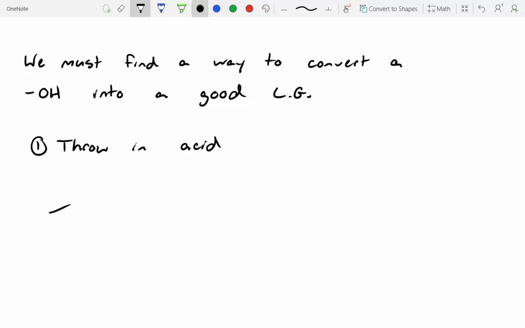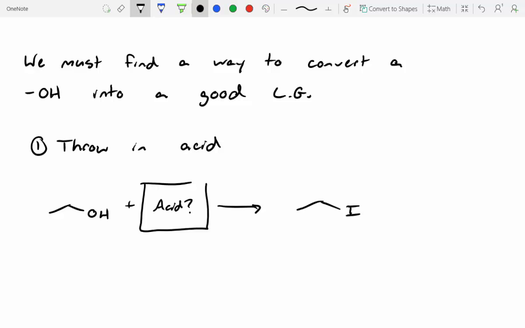All right, so let's say I've got ethanol and I really, really want to make iodomethane. The question is, what acid do I need to accomplish this transformation? Could it be any acid?